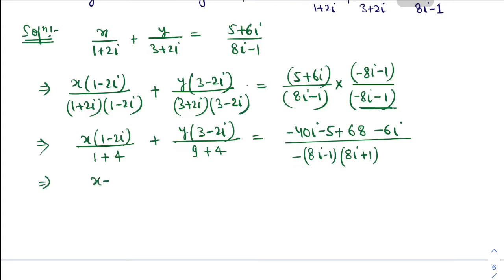so it becomes x minus 2x iota upon 5 plus 3y minus 2y iota upon 13 is equal to what?